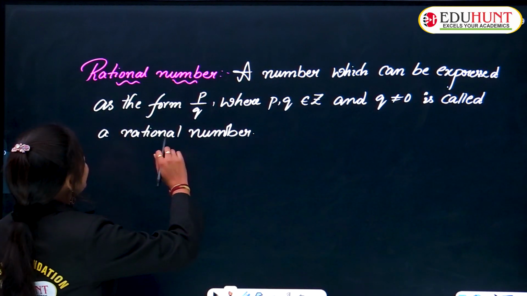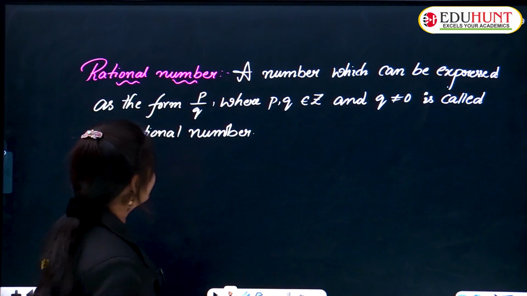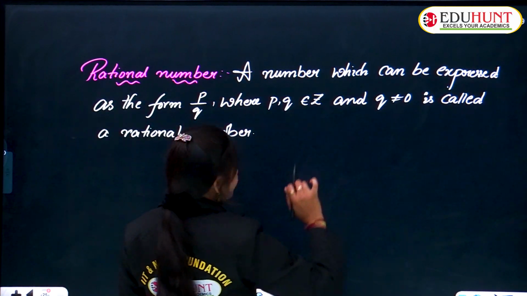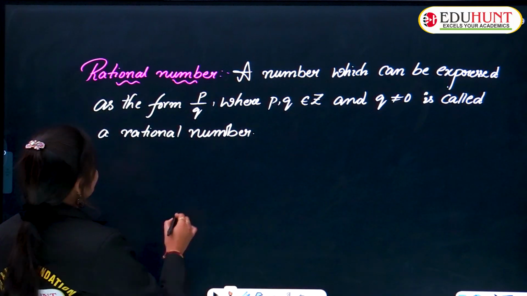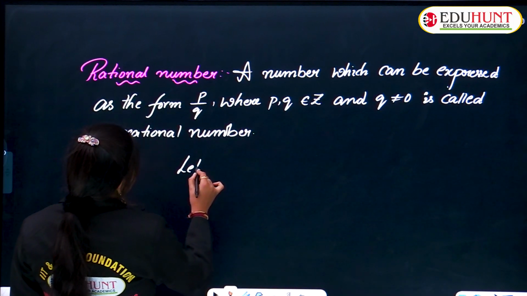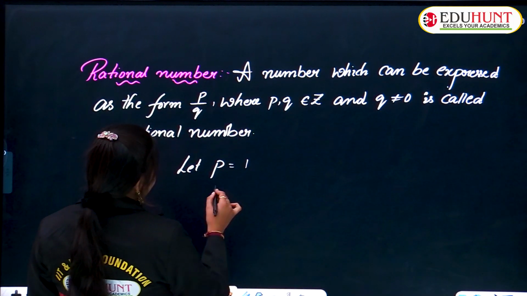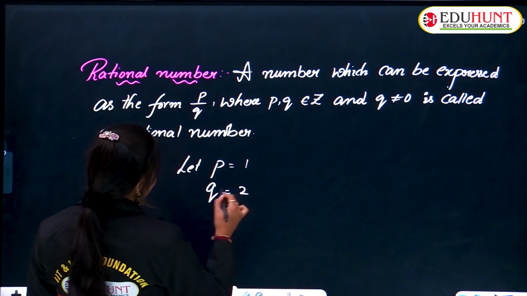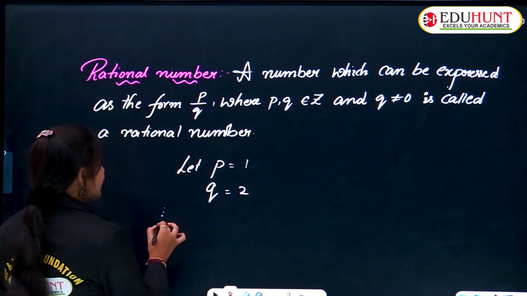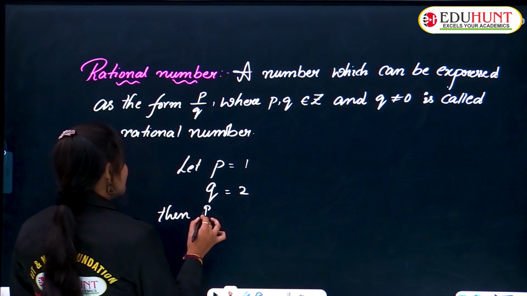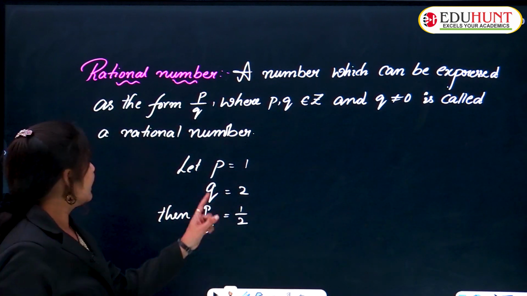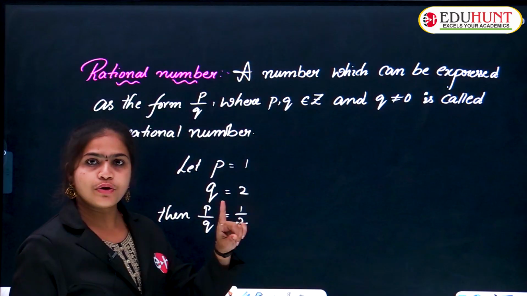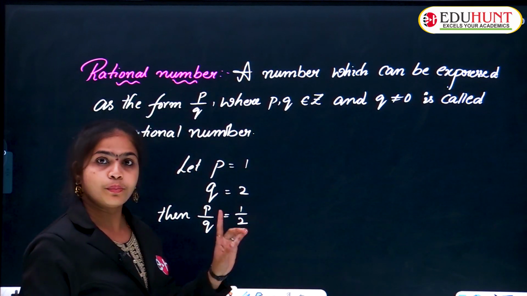As per that, what is the definition? A number which can be expressed in the form P by Q, where P, Q are integers and Q not equal to 0. See here, let P equal 1, Q equal 2. Then the rational number P by Q is equal to 1 by 2. Here P is equal to 1, positive, Q is equal to 2, positive.